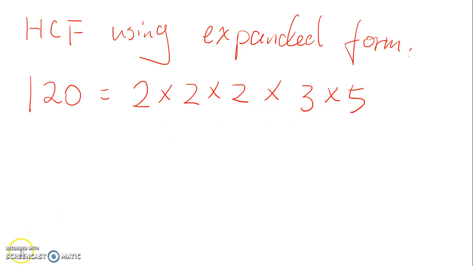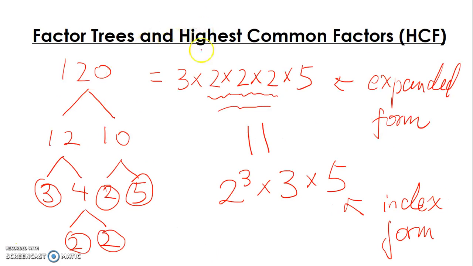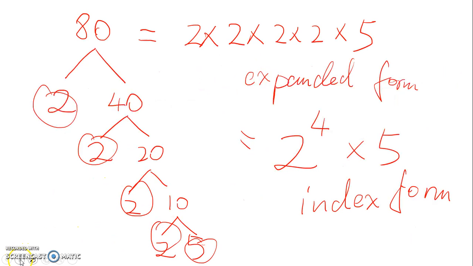Well, something that we had before, don't say I don't have a good memory. Now let's keep going. Next part will be 80, which equals 2 times 2 times 2 times 2 times 5.